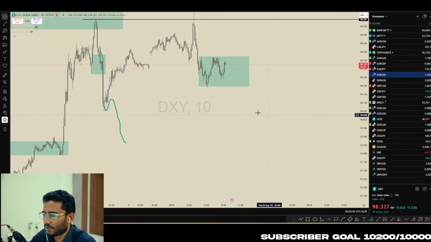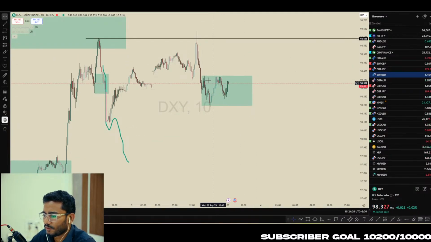let's see, it's consolidating here. It's creating equal highs above this area. So probably price can sweep this and it can continue to downside.